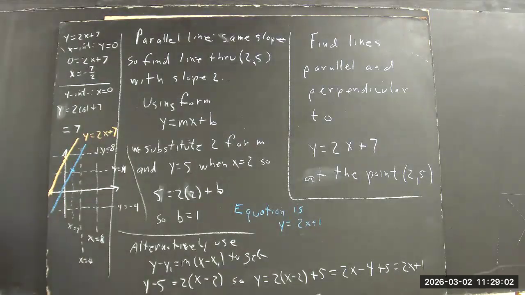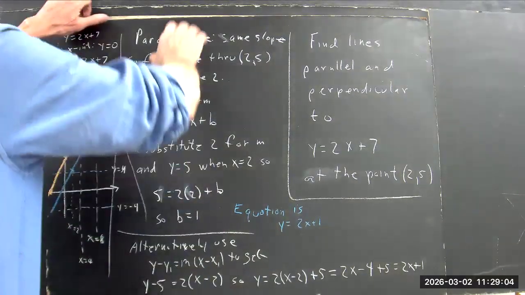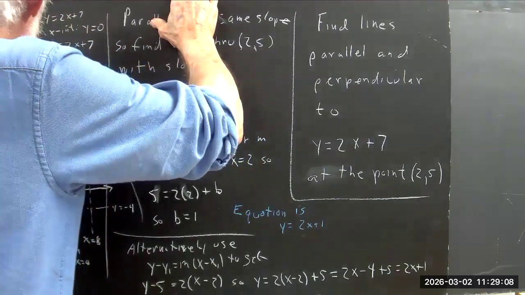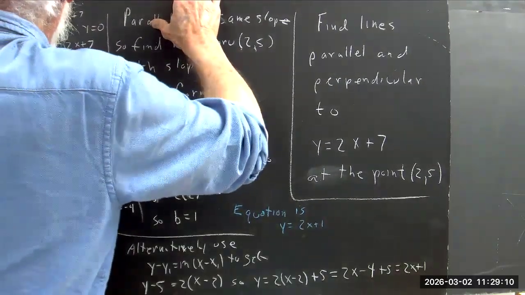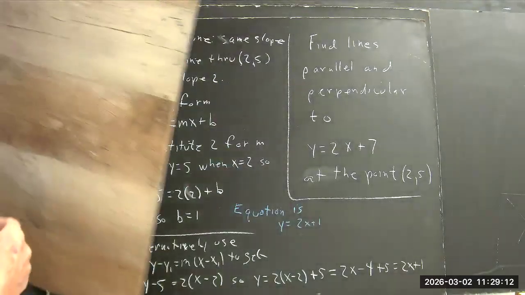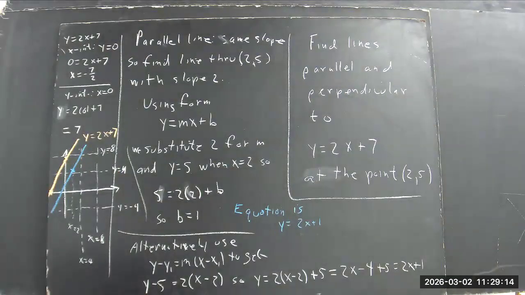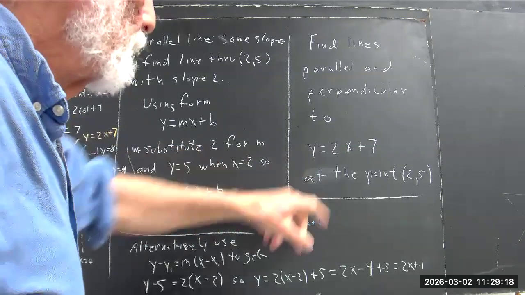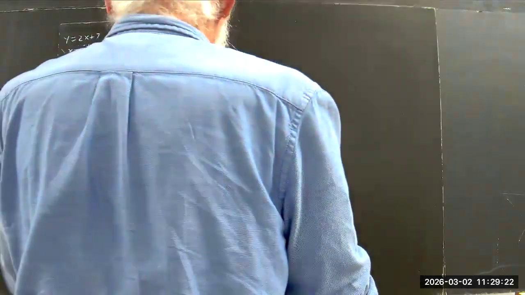Excuse me a minute while I get the right board out. Okay, well, now we want a line perpendicular to the original line at the same point, (2,5).